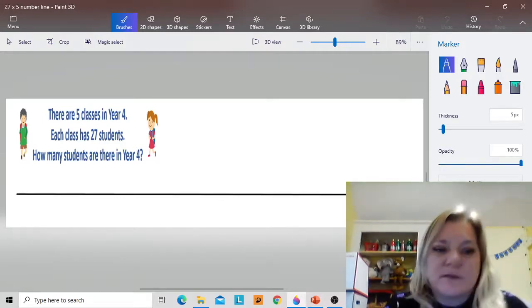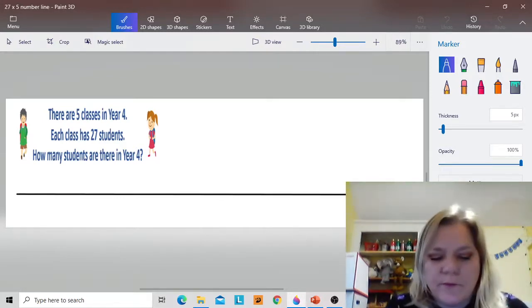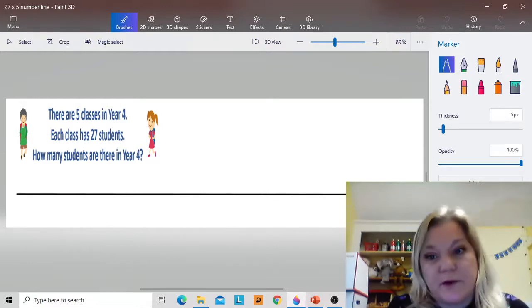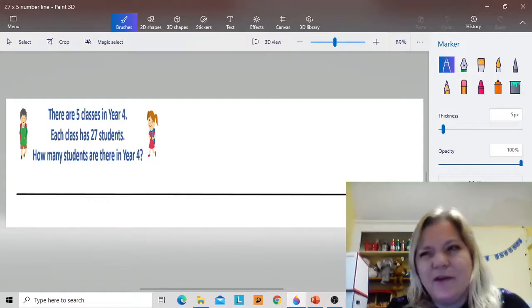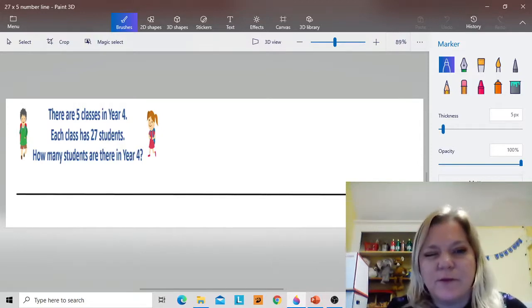Okay, so one of the methods of multiplication that we're going to be doing today is using number lines. And even if you think you know how to multiply, I'd still like you to have a go at using the number line, because it's really important that we know how we can use them for different calculations. So let's have a look at this one together.